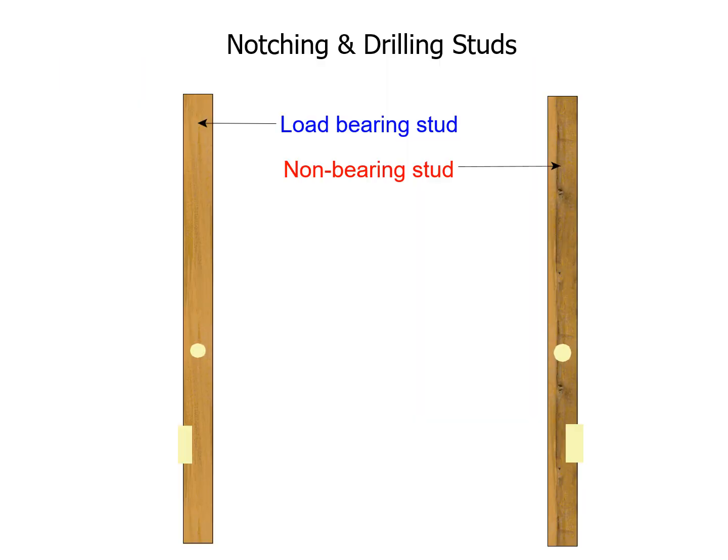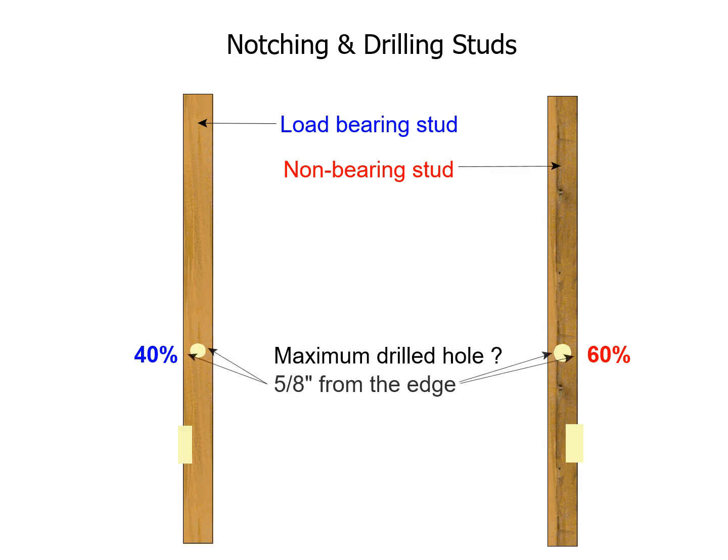There are our studs there. And whether it's a bearing or a non-bearing stud, it does make a difference. For the holes, we can drill up to 60% of a non-bearing stud, but only 40% of a bearing stud. And either one, we have to remain 5/8 of an inch from either edge. So 5/8 of an inch from the edge, 40% on a load bearing, 60% on non-load bearing.